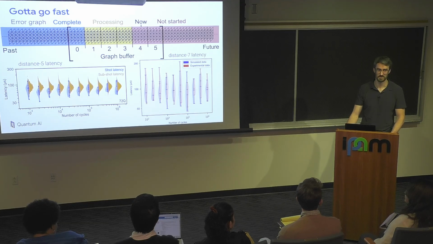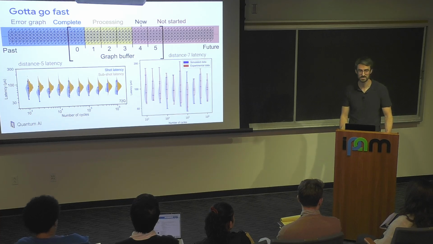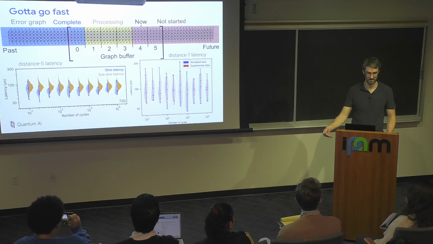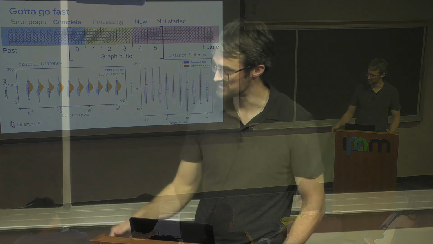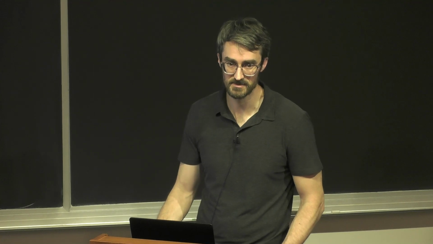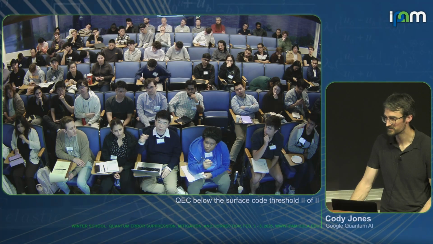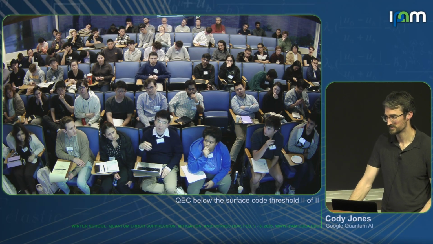So this is definitely something we want to improve, because we want that to be lower. But the short answer to your question is yes. If we were trying to use this in a circuit with non-Clifford gates, this is the latency that would be incurred.